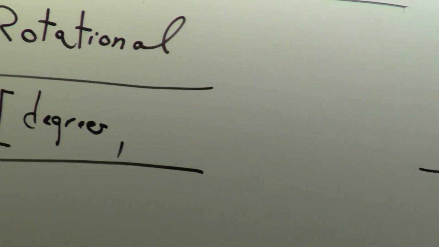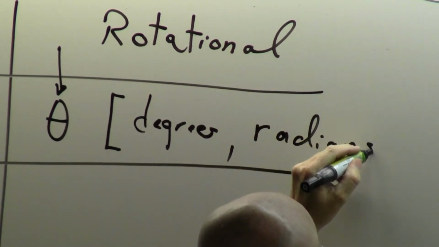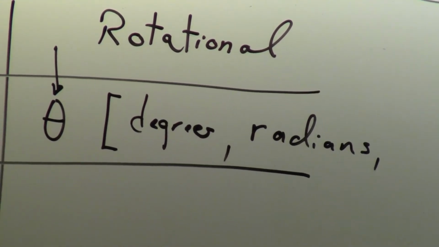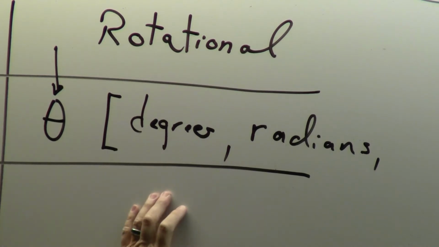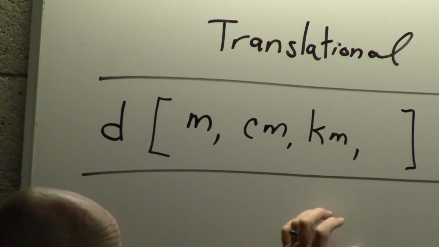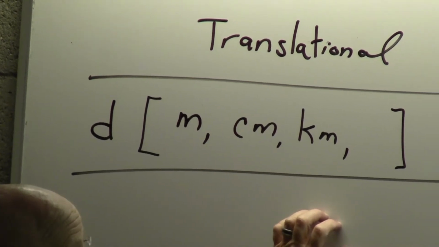Another really nice set of units are radians, and a full circle is 2 pi. They each have their advantage. I guess we get the radians from the ancient Greeks and we get degrees from the ancient Egyptians. Both of them have their advantages and disadvantages, just like meters and centimeters and kilometers each have their advantages and disadvantages. So don't be surprised if we use both of those.